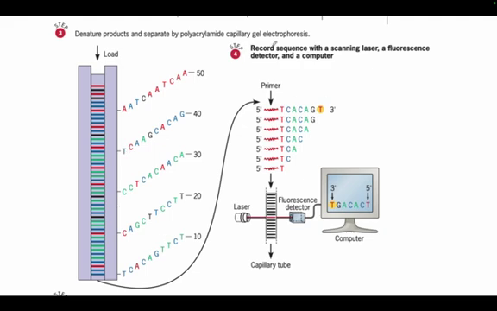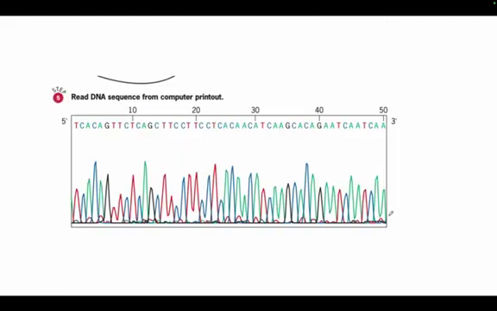Okay? So we record the sequence with a scanning laser fluorescence detector and computer. Right? You can do this by capillary electrophoresis. Each of them will pass through a thin capillary in front of a laser, which will detect the fluorescence and read like this. And so the readout you would get from this Sanger sequencing would look something like this.